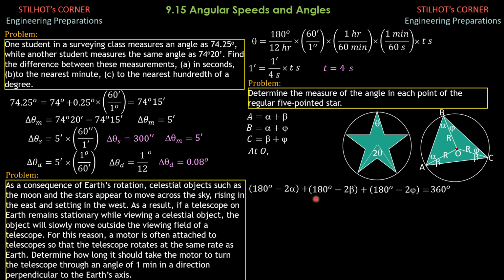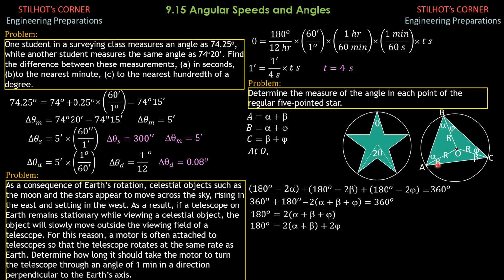Simplifying, we have 180 plus 180, 360, 360 plus 180, minus 2 times quantity alpha plus beta plus p equals 360. So we can cancel 360 and write 180 degrees is equal to 2 times quantity alpha plus beta plus p. Then we distribute. So 180 degrees equals 2 times quantity alpha plus beta plus 2 times p.